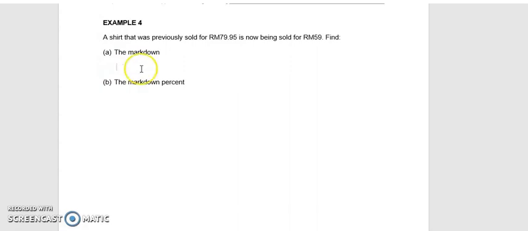Note that the original selling price RO must be greater than the new selling price. So here RO equals 79 ringgit 95 cents. RN is 59 ringgit. So the amount of markdown is RO minus RN.